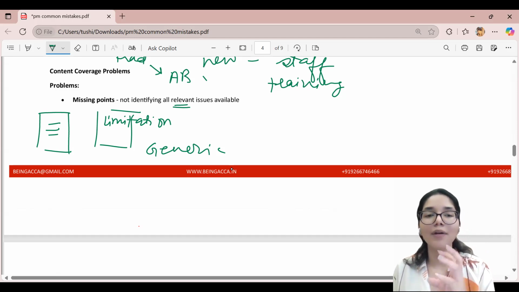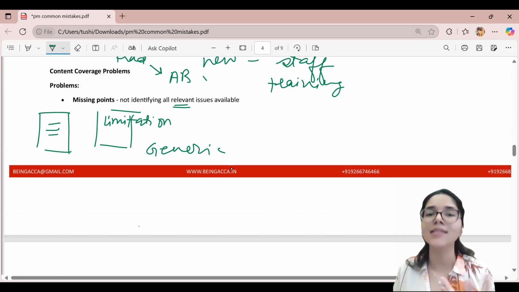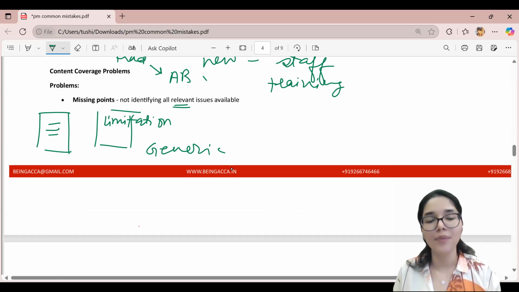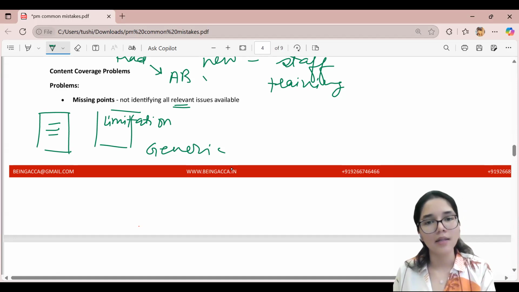So, if you end up writing generic points which are not really applicable to the company, you do end up scoring some marks. But how do you score maximum marks? Maximum marks are only possible when you link things to the scenario. Whatever scenario has been given to you, try to extract each and every piece of information which can be put forth in your answer for these limitations. So read the scenario.